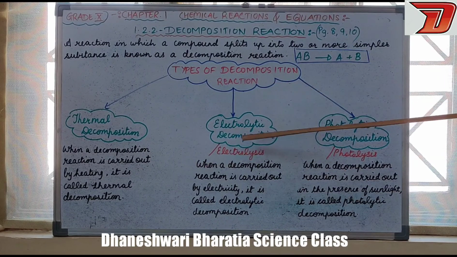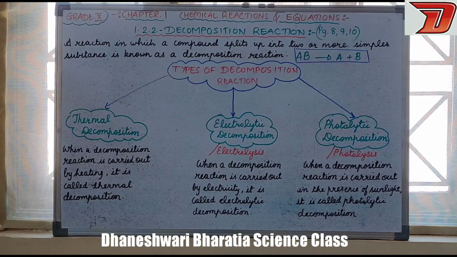In your textbook the three types are not given separately, so you can note them down in your textbook also, right? Whatever important things I teach you, I want you to note them down in your textbook as well, so that it is easier for you to learn when you sit for preparation of your exams, right? Now we are going to discuss each decomposition reaction in detail with a few examples.